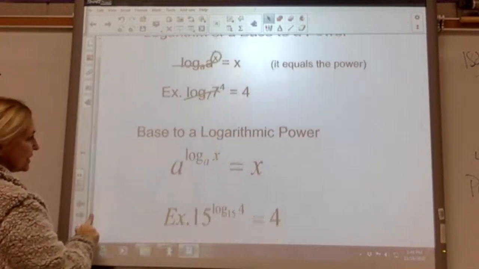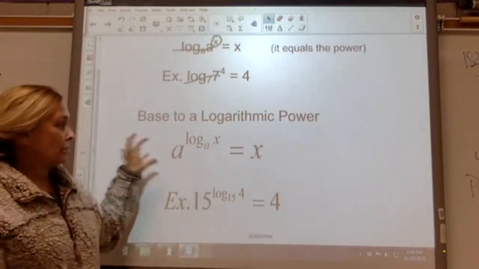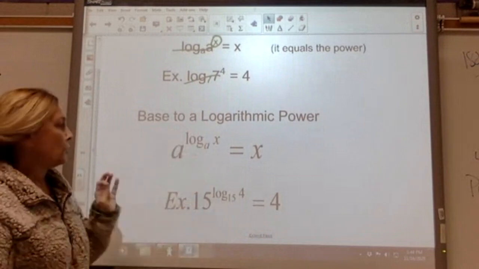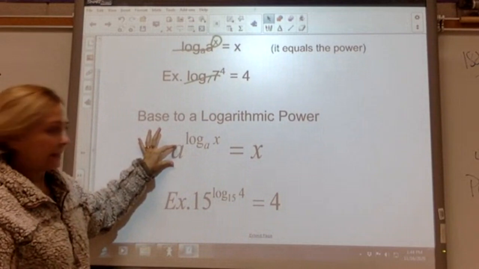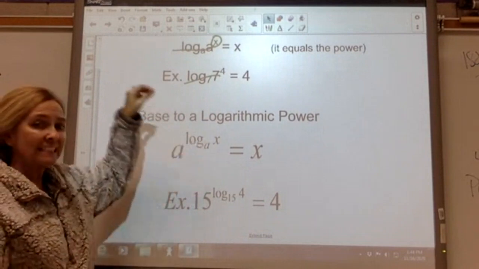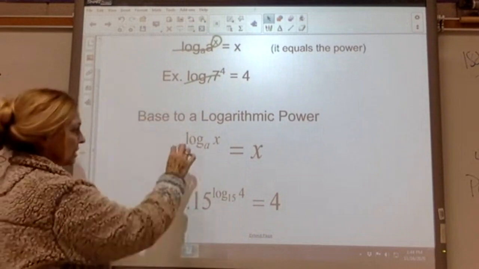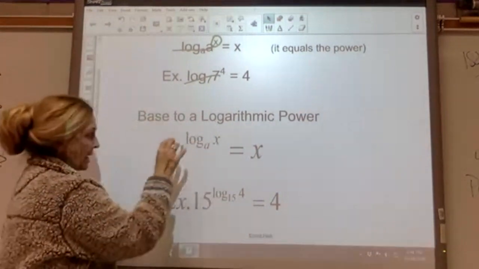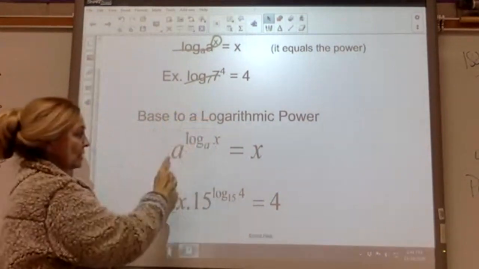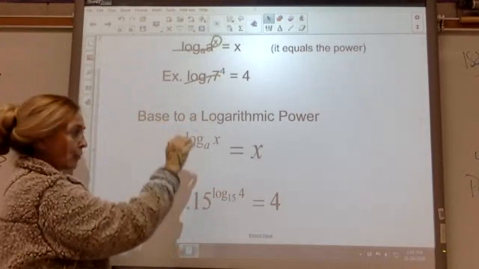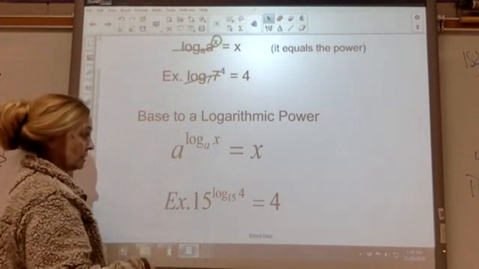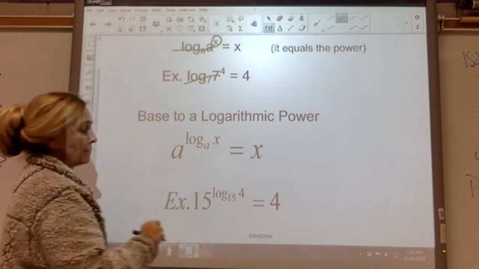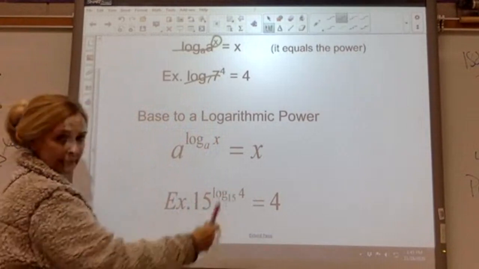All right, now when you see problems like this, even in Pearson, you have to pay attention. This a is the base, and this logarithm is an exponent. That's why it should look smaller, and it is raised. So this a is raised to the power of log base a of x, which I know sounds kind of crazy, but that's what it is. So people have a tendency to overlook this and not pay attention.